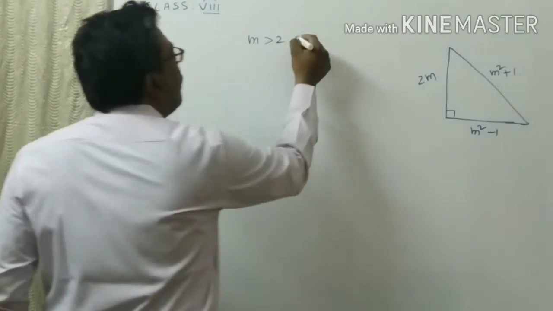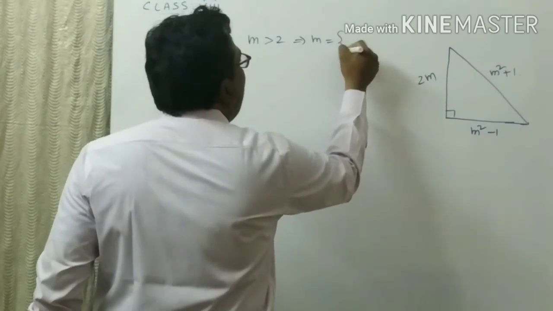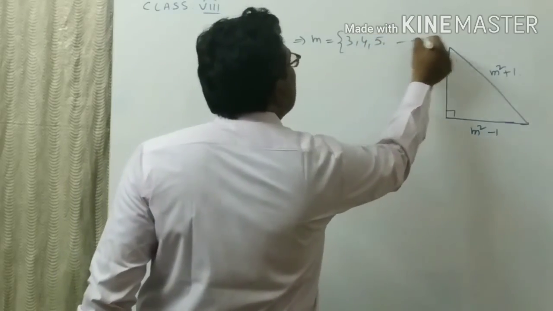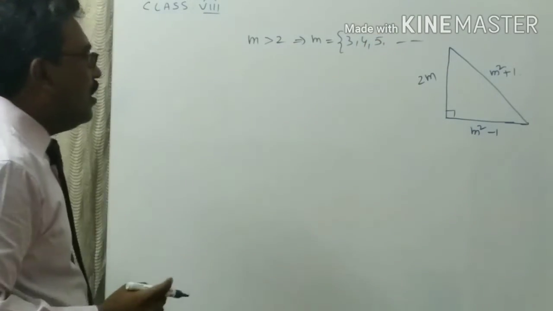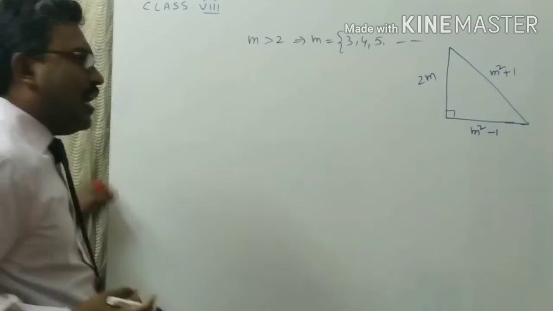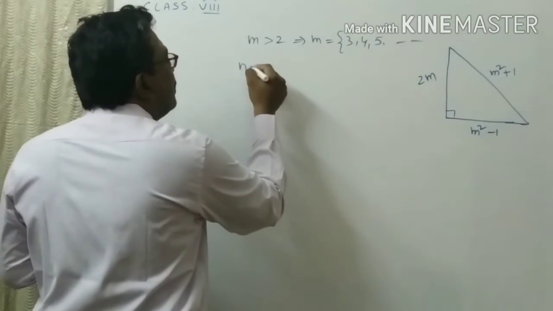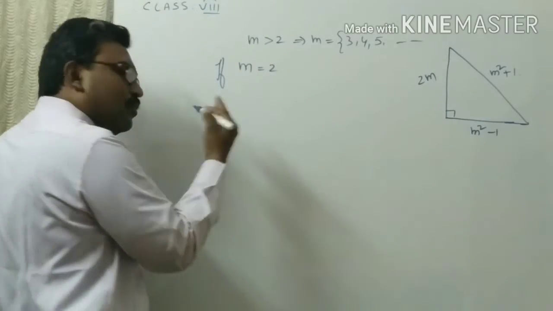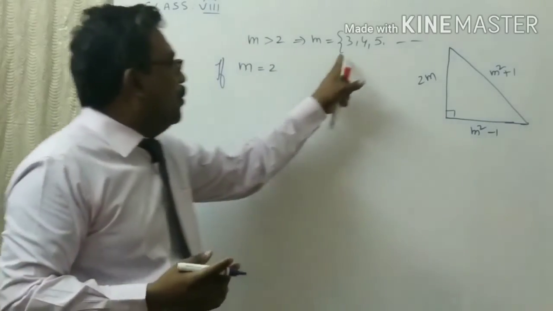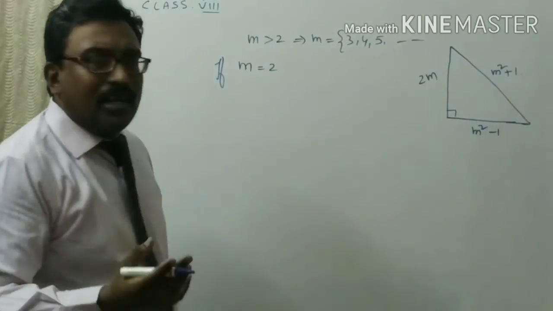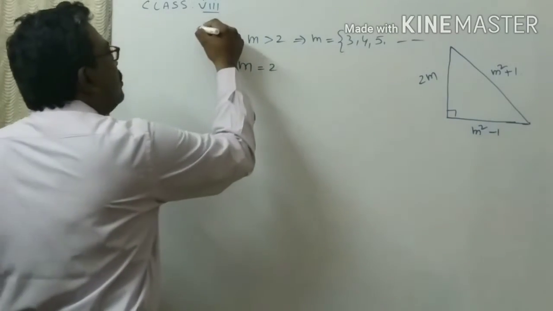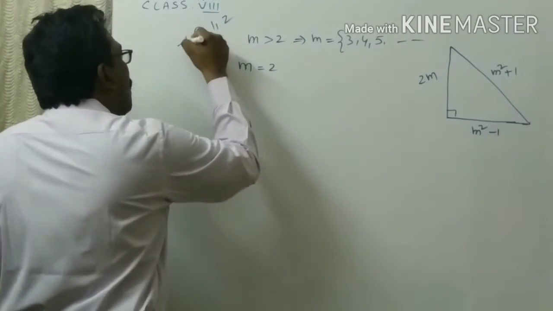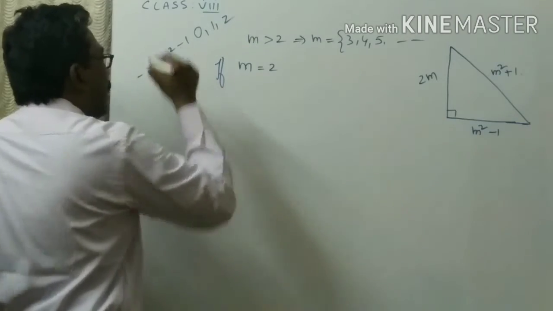That means m values are 3, 4, 5, 6, and so on. Any number you can take. If m is less than 2, what will happen? Greater than 2 means more than 2, and less than that we have numbers like 0, 1, minus 1, minus 2, and so on.